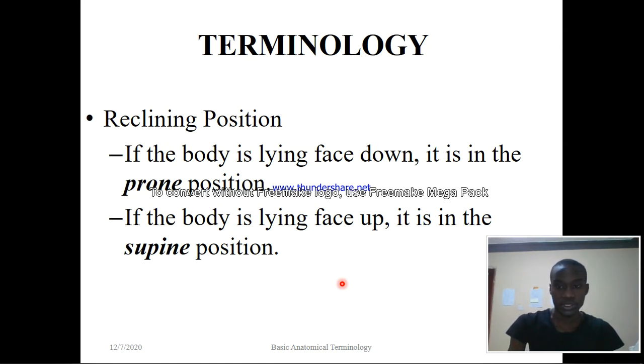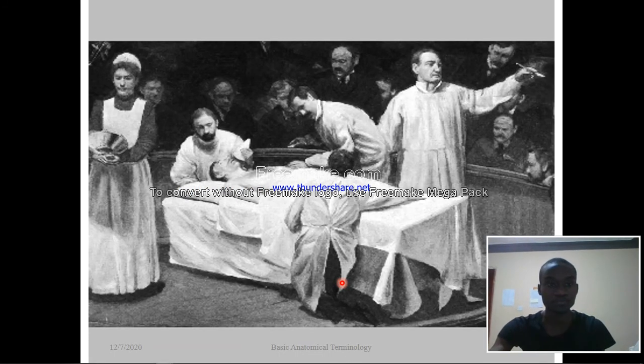So this is the supine position, where the face is facing upwards to the observers here.